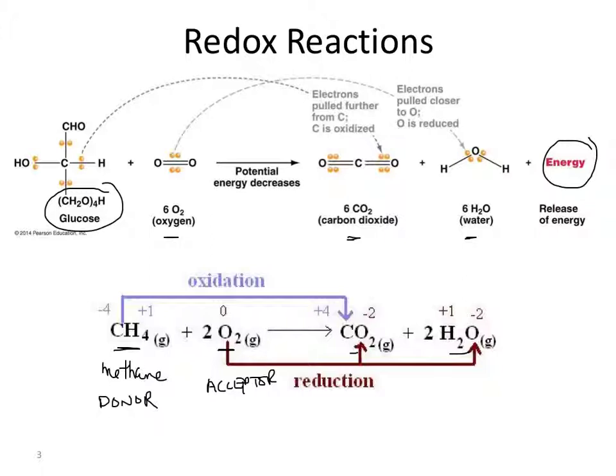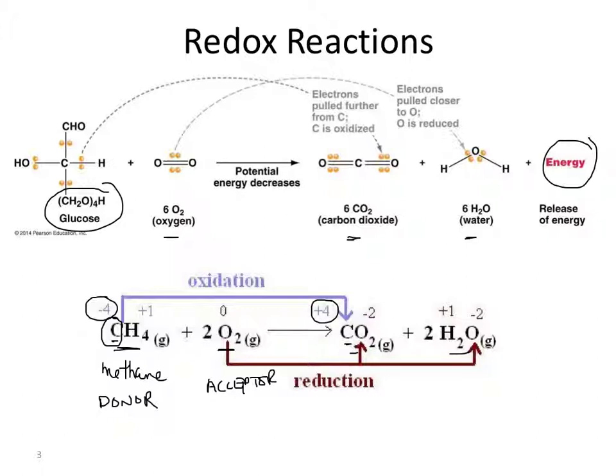Well, I can look at the methane and I can calculate the oxidation state associated with the carbon in that molecule, and I can see that it's going from -4 over here to +4 over here when the same carbons are found in the molecule CO2.